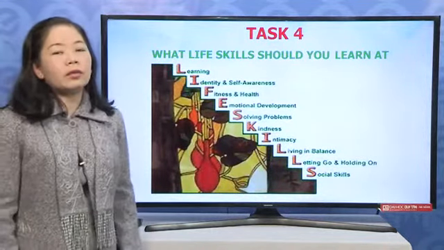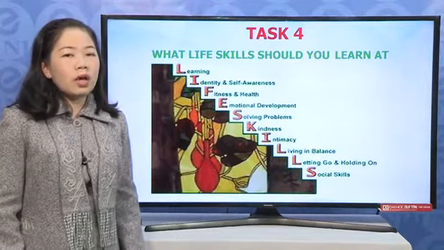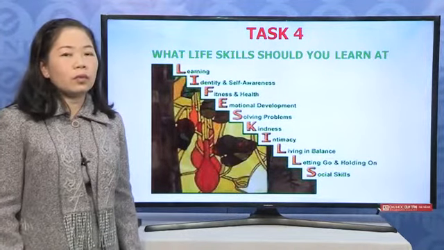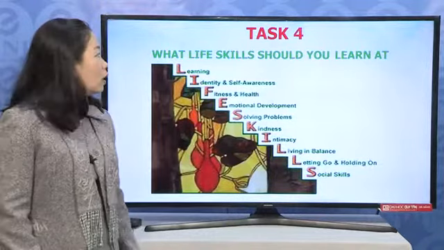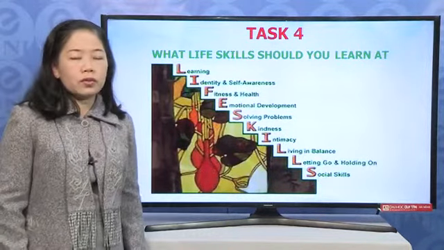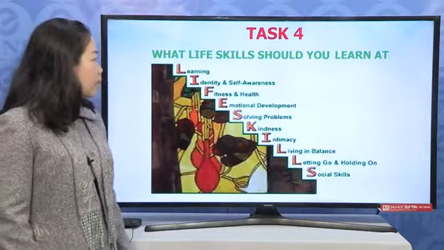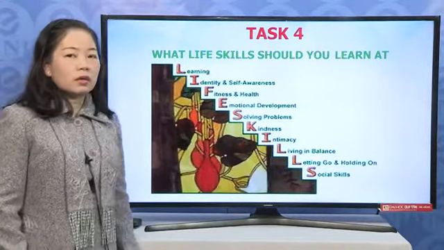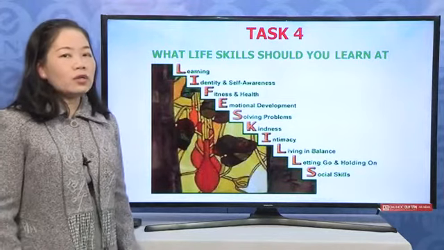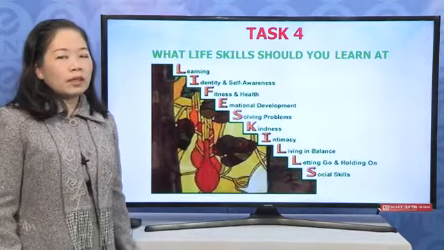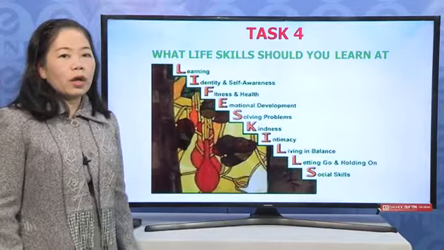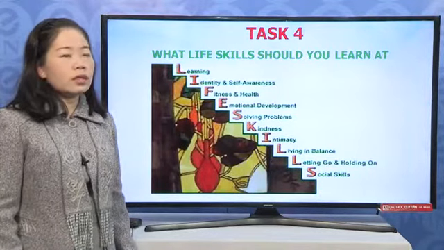And in task number 4, you are provided a chance to discuss with your partner or group mates the life skills you learn at school or university. If you look at the pictures, you can see they illustrate a complex of things you study and learn at school or university.